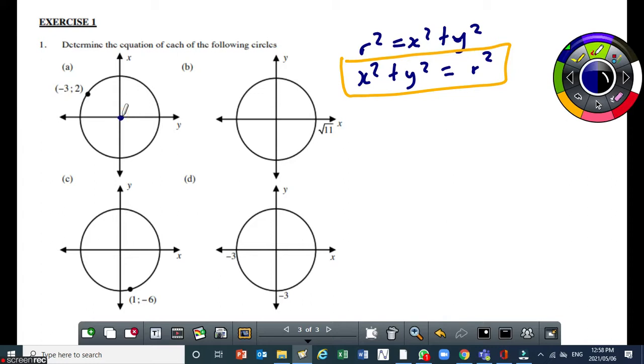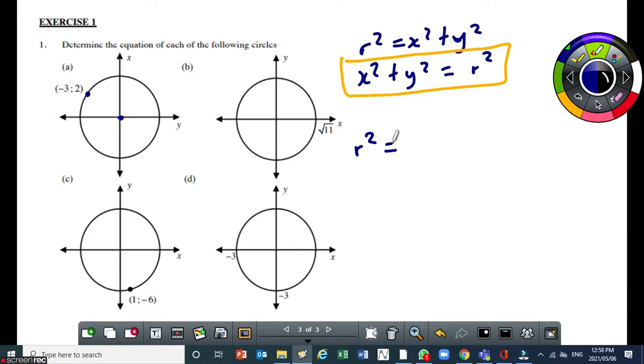So here our center is at the origin, and we are given a point at the circumference. So if you want to determine the radius, you have to use the theorem of Pythagoras. Remember that. So all we do is use the equation that we know from grade 10 in terms of our trig.